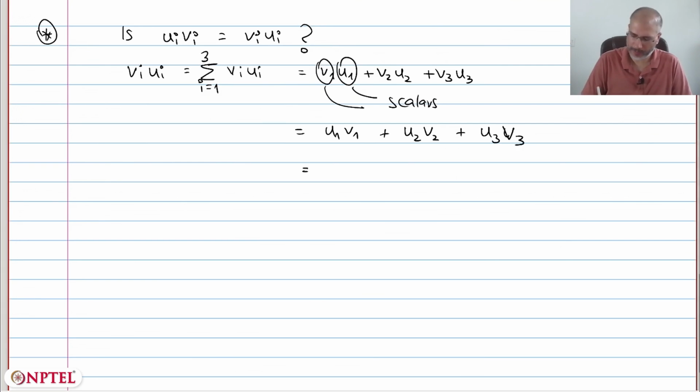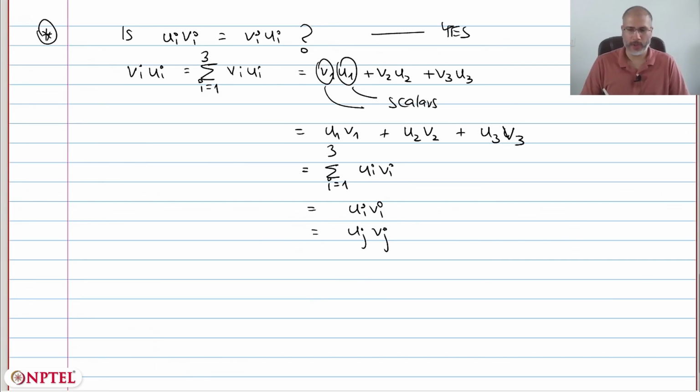So this is nothing but the summation over i going from 1 to 3 of u_i v_i, and applying the summation convention again in reverse, this becomes u_i v_i. And remember, i is a dummy index. I could have written u_j v_j, doesn't matter. So the answer to this is yes, u_i v_i is the same as v_i u_i.